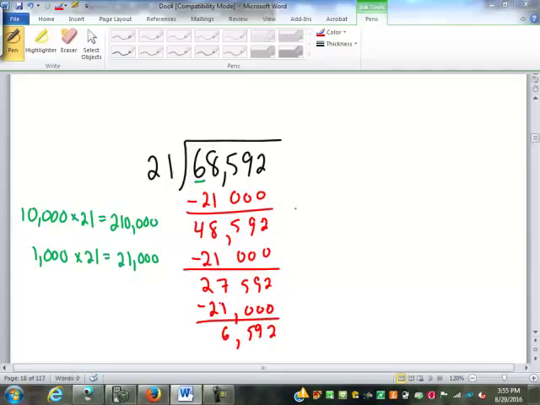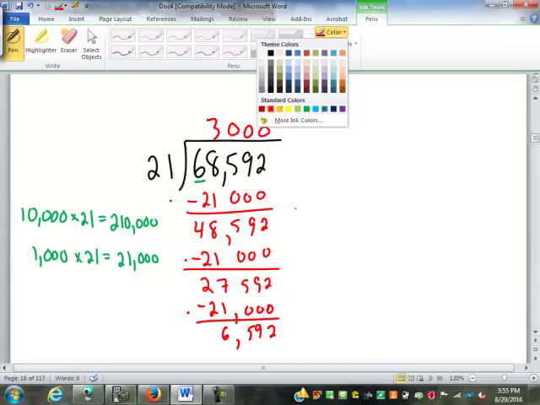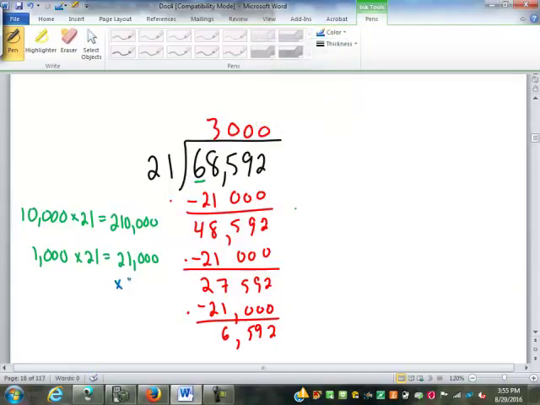What I just did was I subtracted 21, 1,000, 2,000, 3,000 times. Make sense? Now, the way we shorten that is we just do this. 21,000 times 3 is 63,000. So we could have just subtracted 63,000. That would be 3 bundles of 1,000 21s, or 3,000 times.